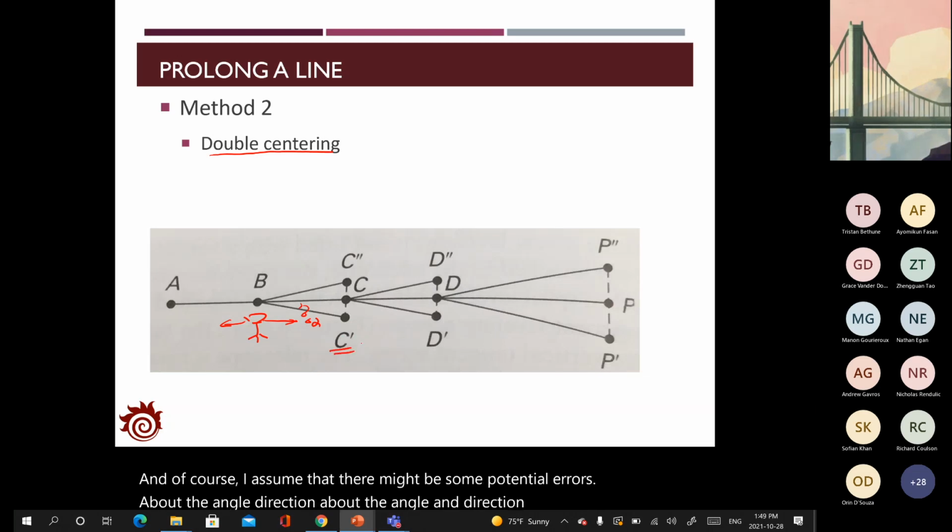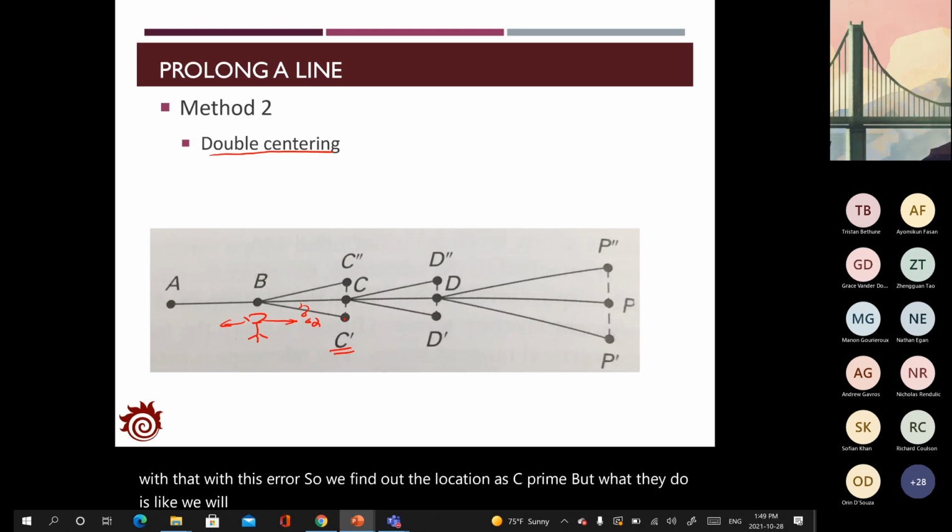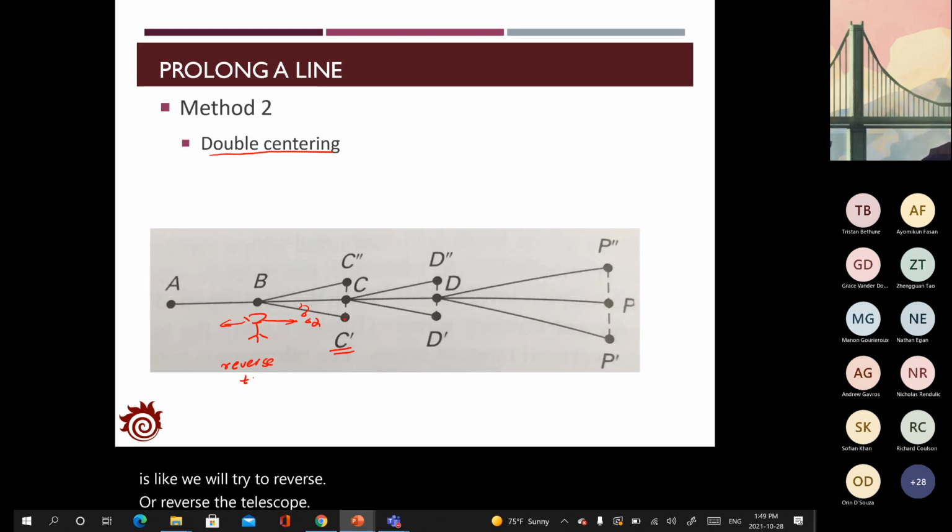Say with these errors, we find the location as C prime. But then we reverse the telescope and apply another direct measurement, with the backsight to A and the foresight to C.